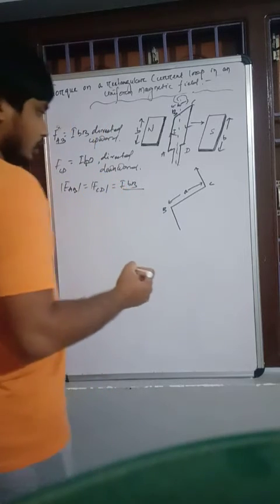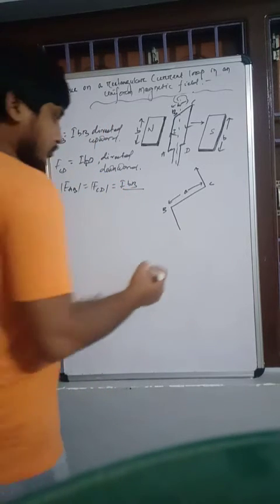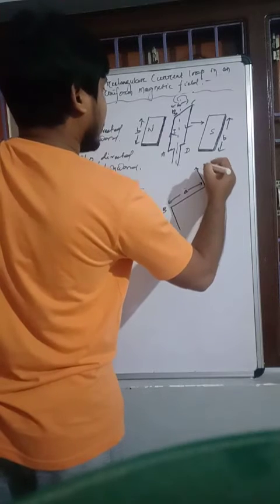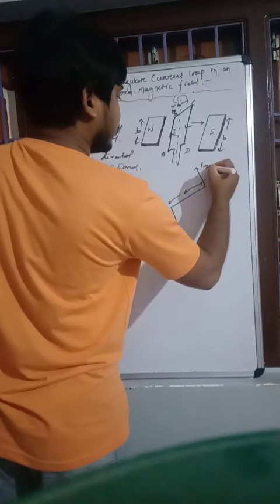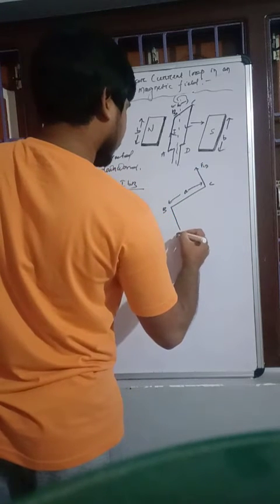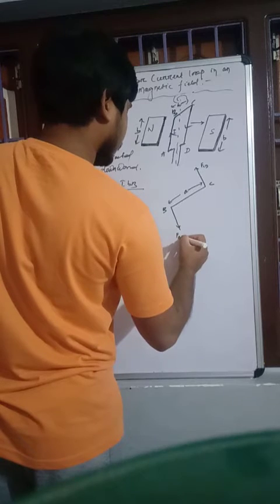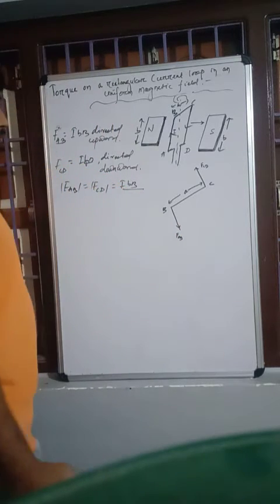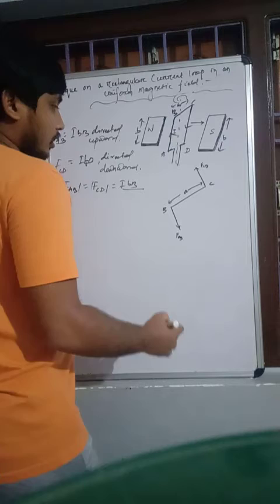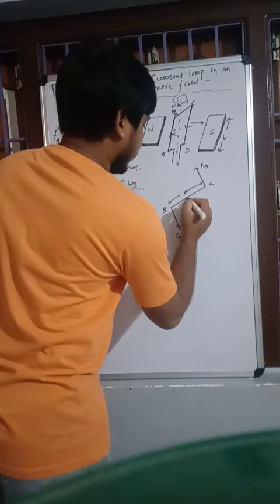This is F_CD and this is F_AB, and this is the midpoint.